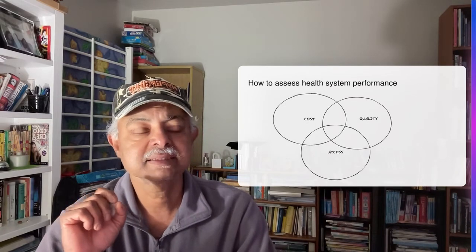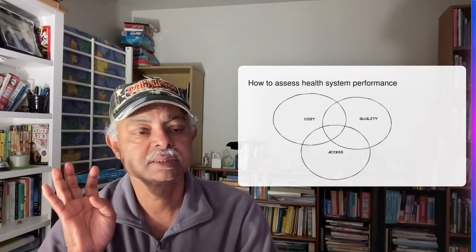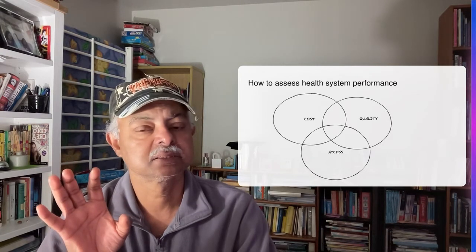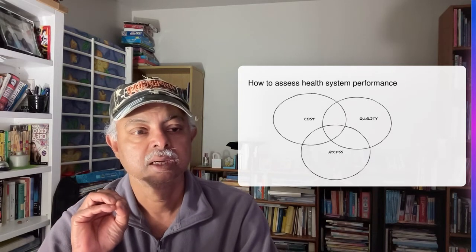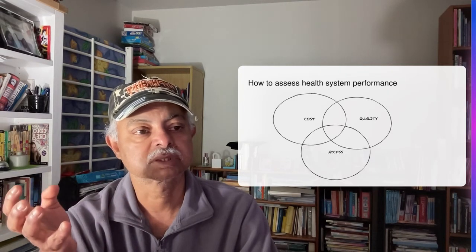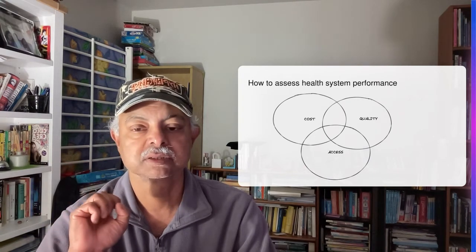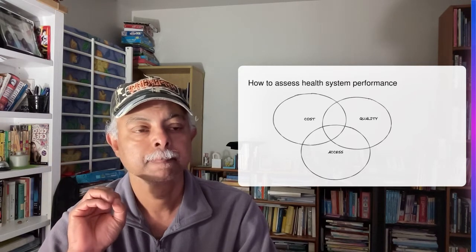Now, when we assess health system performance, we look into three things. We consider the cost that is incurred to the health system managers as well as people who are going to use them. So cost in terms of both time and money. We talk in terms of the quality of the services that people receive and the quality of the services that are ensured.